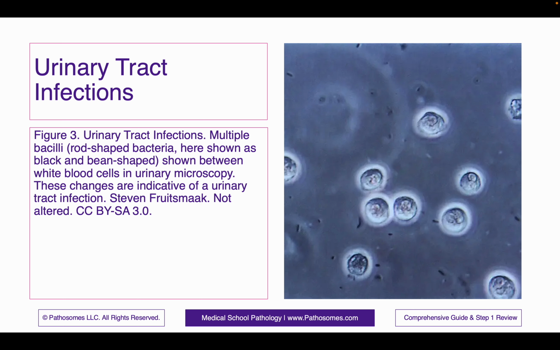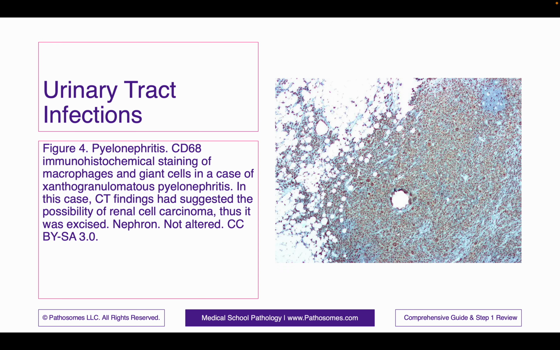To the right here, we can see microscopy of white blood cells in a urinary specimen, indicative of urinary tract infection. And the CD68 immunohistochemical stain, as we know, tends to stain macrophages, right, as well as giant cells.